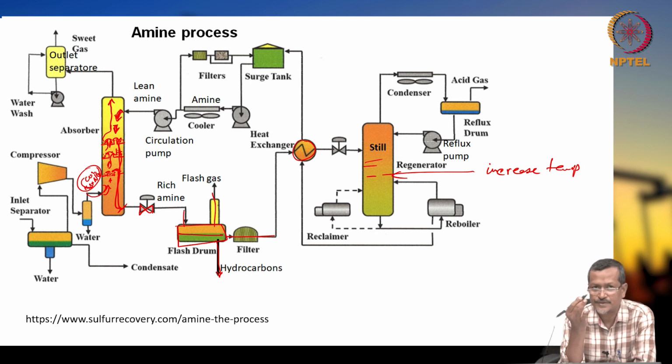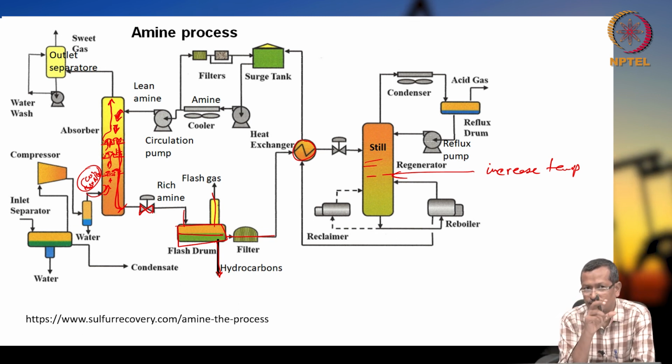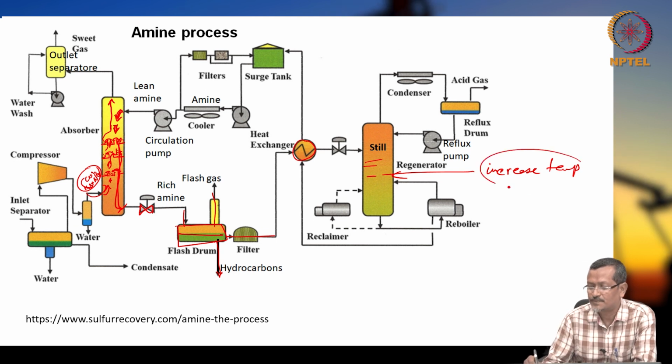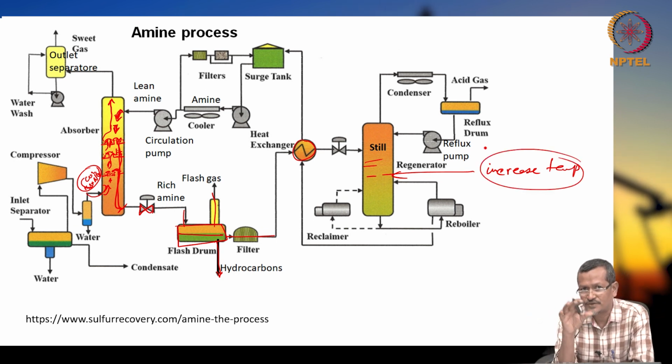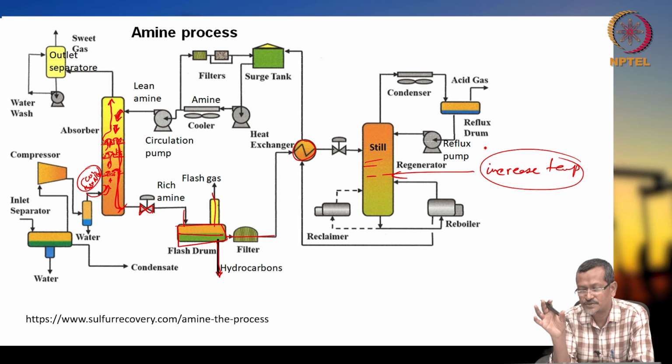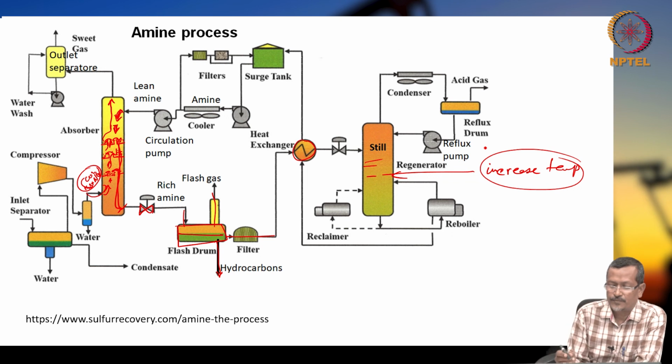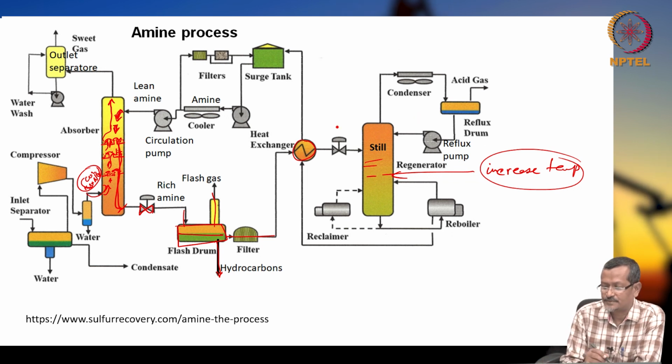If you see the previous slide where I said that if you increase temperature, reverse reaction will be happening. So, here you increase temperature, you create reverse reaction, you separate H2S and amine part you put again back to your system.